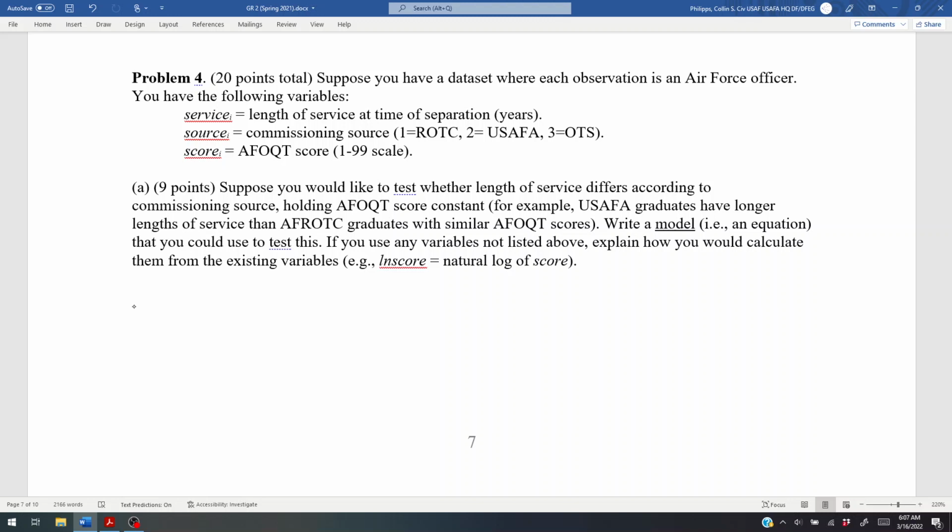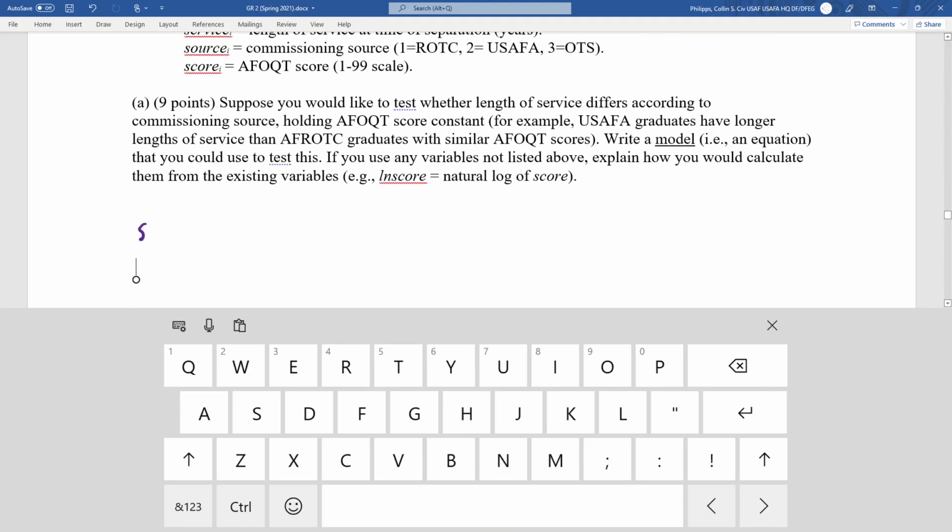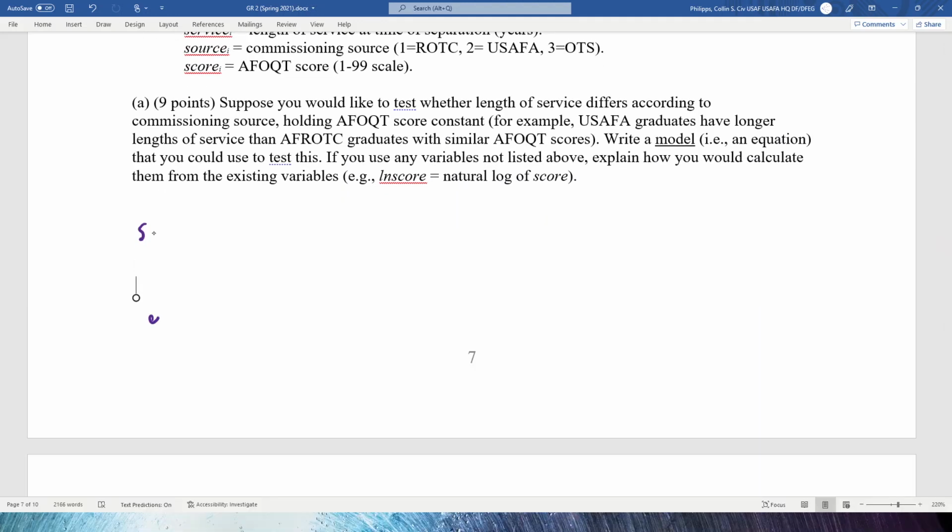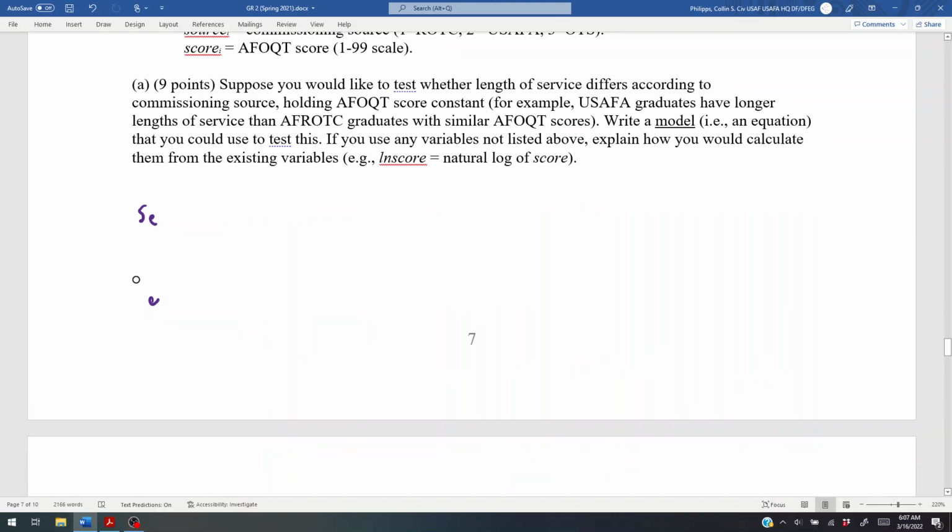So let's try service is equal to beta 0. I'll put a constant in the model, seems like a good idea, plus beta 1.